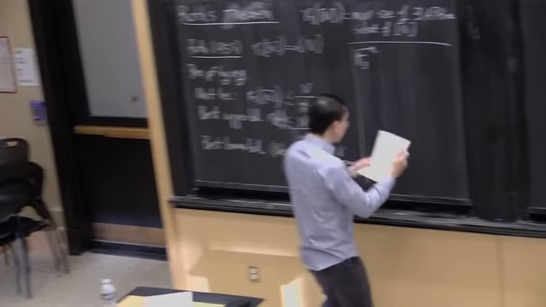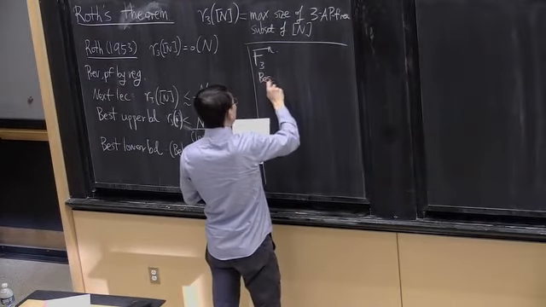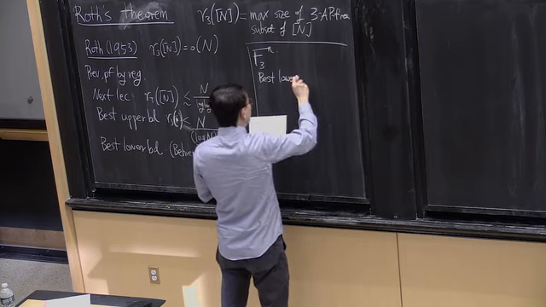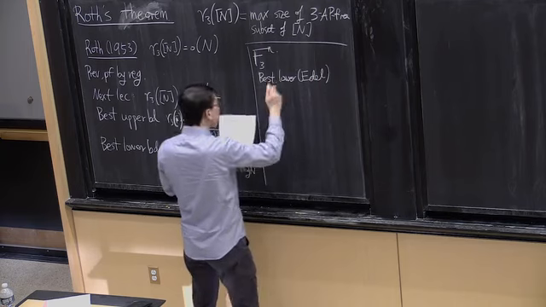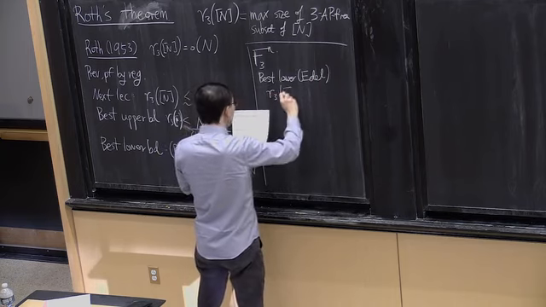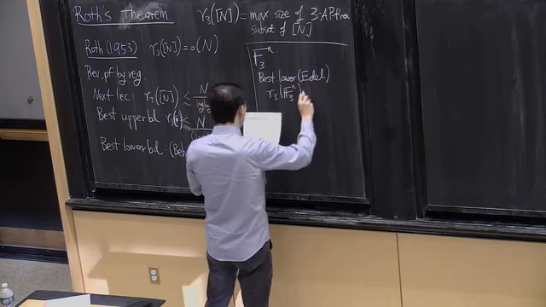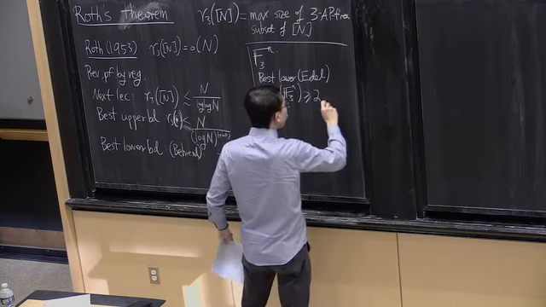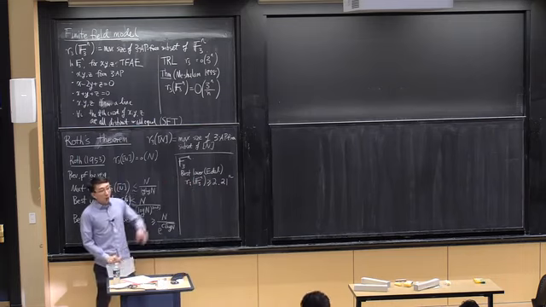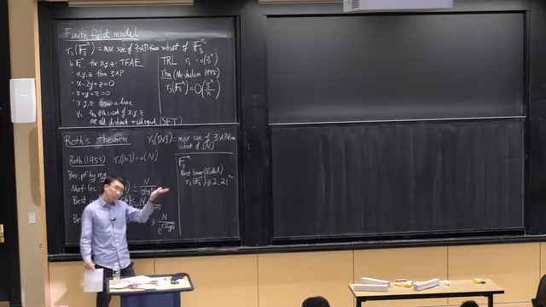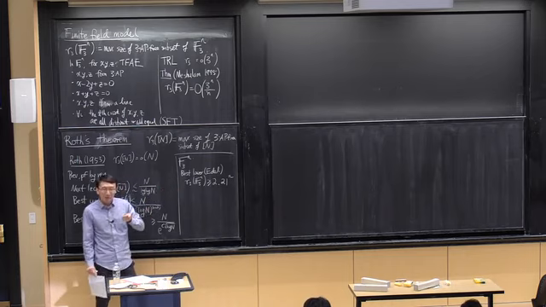The best lower bound is due to Edel, and it's some very specific construction, which gives you a bound that's something like 2.21 to the n. And the upper bound is 3 to the n, or 3 minus little o(1) to the n.